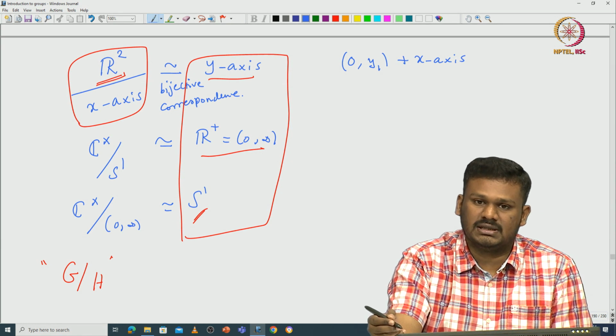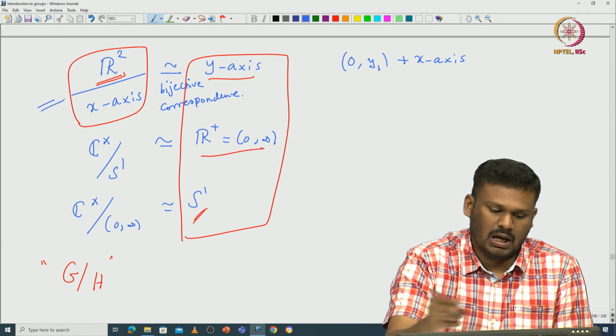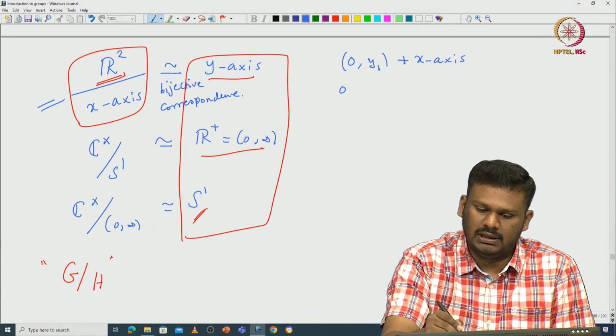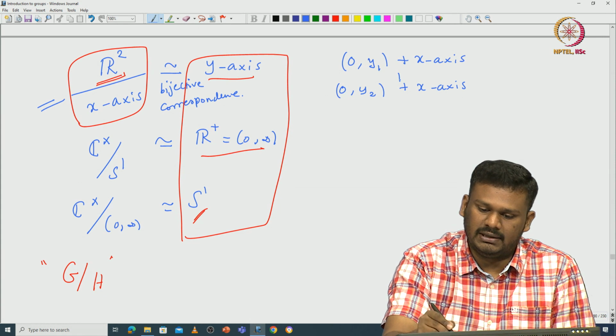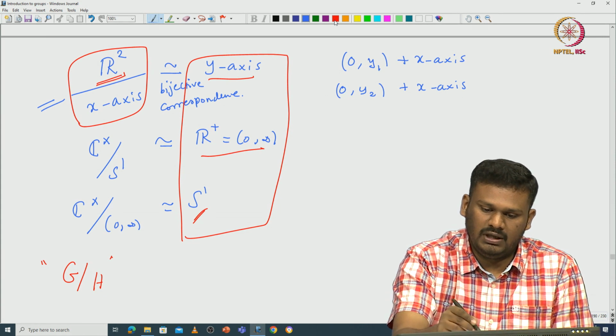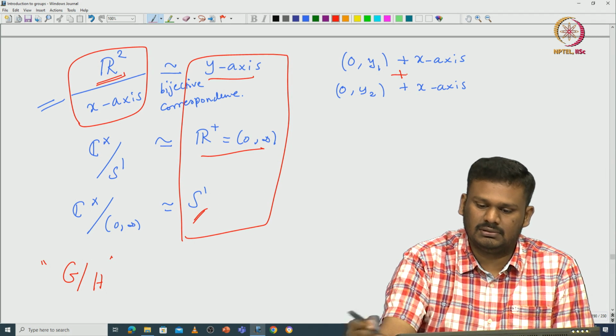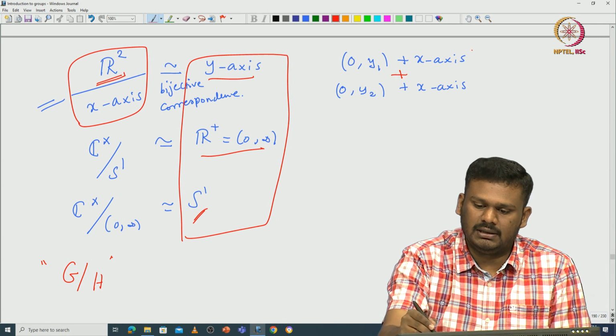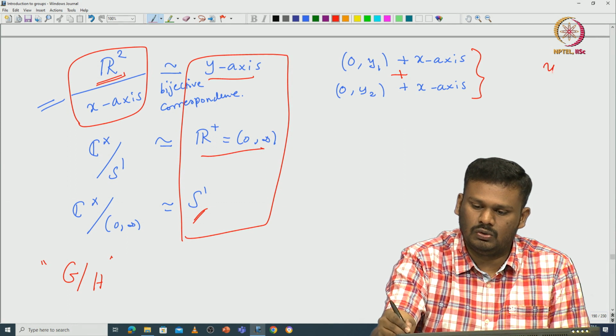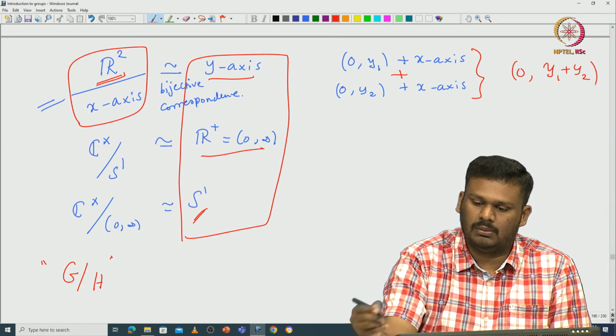This is one such coset in R2 modulo the x axis. Similarly, if I take another one, it will look like (0, y2) plus the x axis. What we want to do is add these. Somehow adding these two should correspond to (0, y1 plus y2).